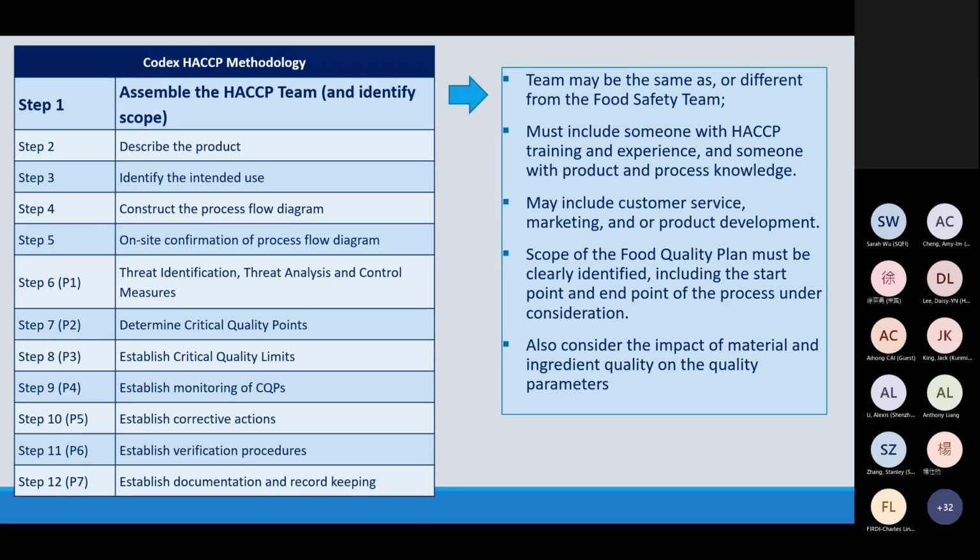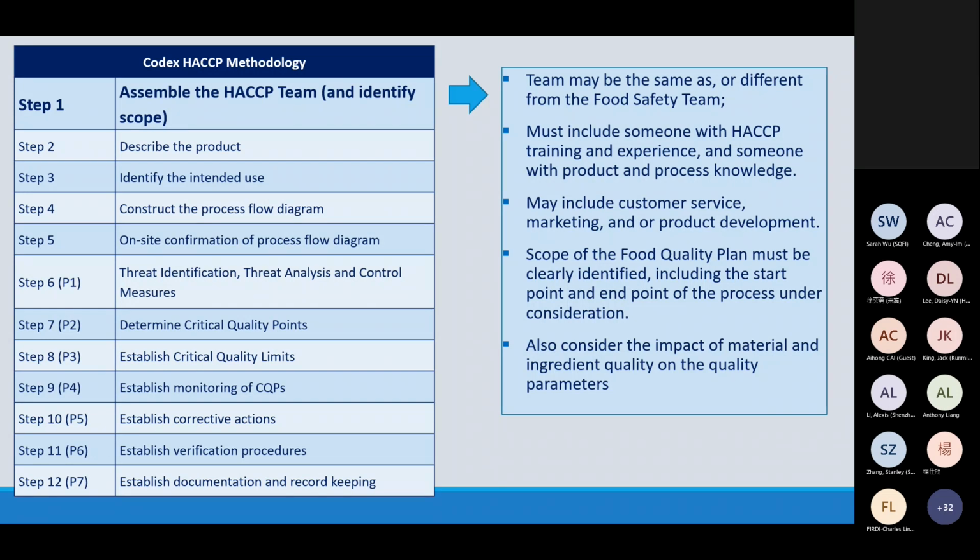The scope of the food quality plan could even be different to the food safety plan, because the start point and end point of the food safety plan is generally incoming materials through to storage of finished product.